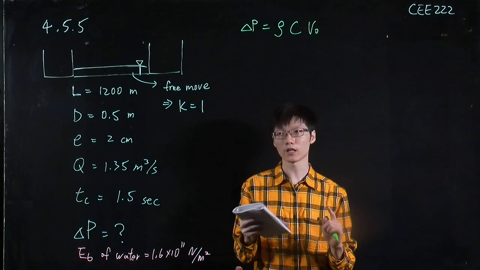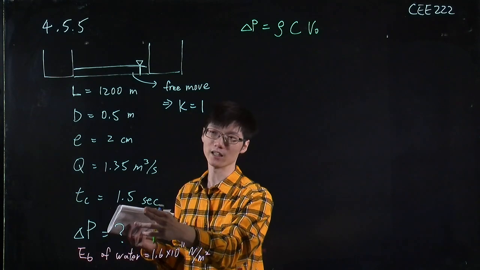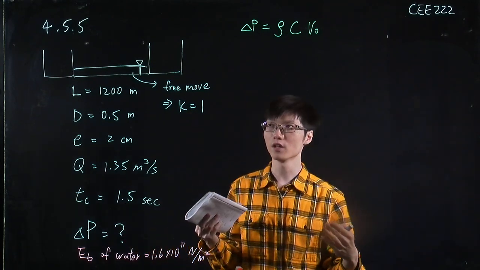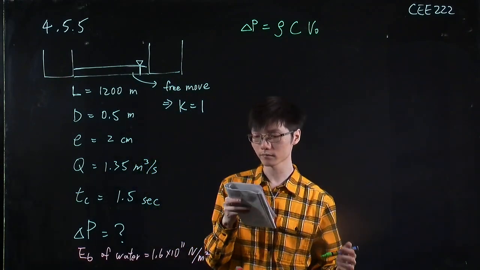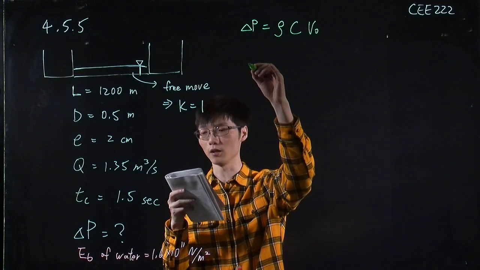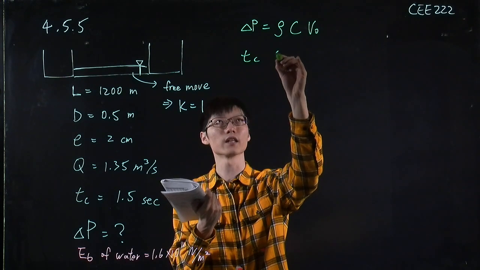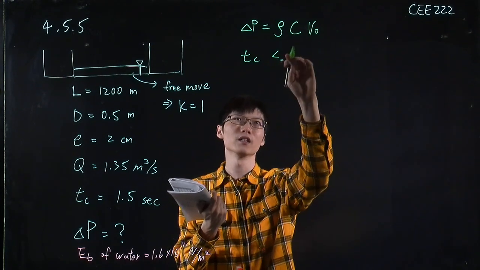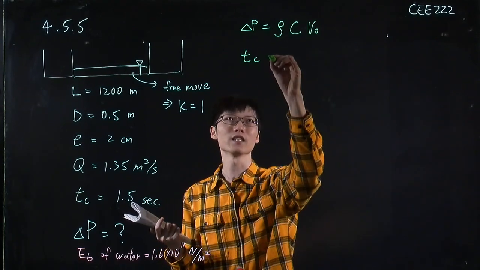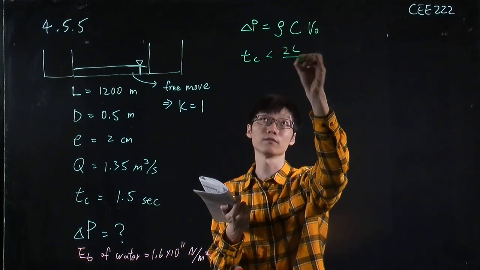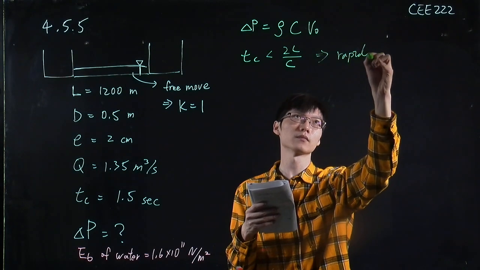Okay, so the first thing that we need to do is to determine whether 1.5 second is considered as the rapid closure in this system setup. So let's first do that. We already know the criteria that if TC is less than 2L divided by C, then it is a rapid closure.